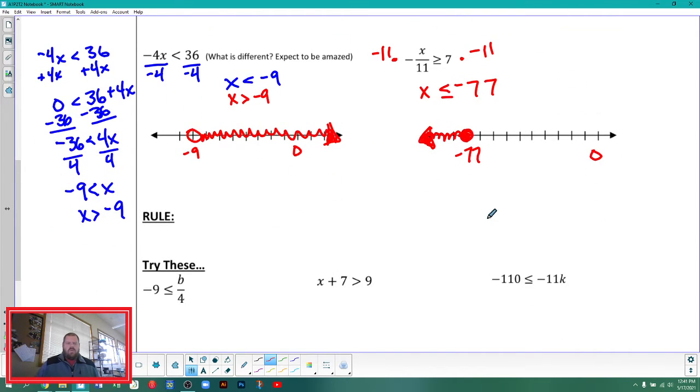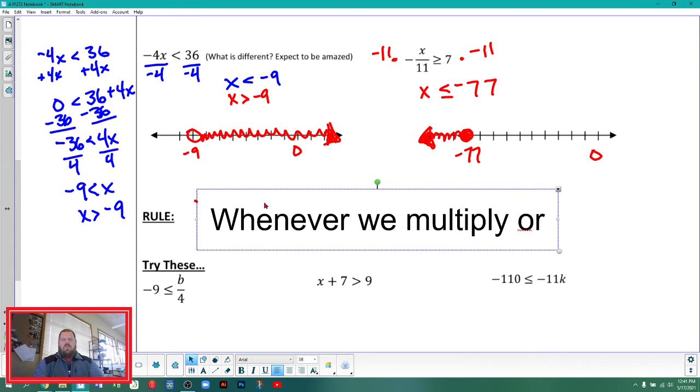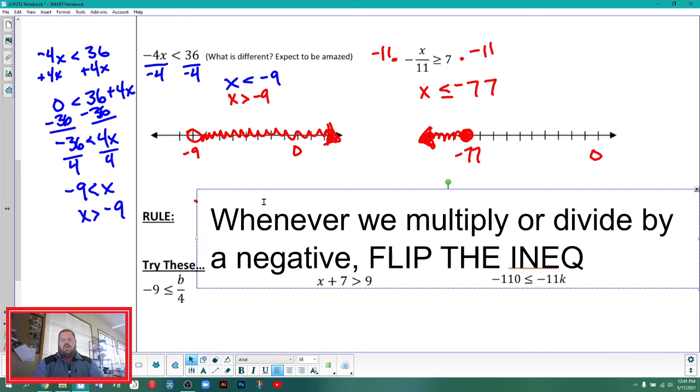Okay. So the rule that we want to follow is, and I'm actually going to type it so it looks a little bit better, but whenever we multiply or divide by a negative, we have to flip the inequality.